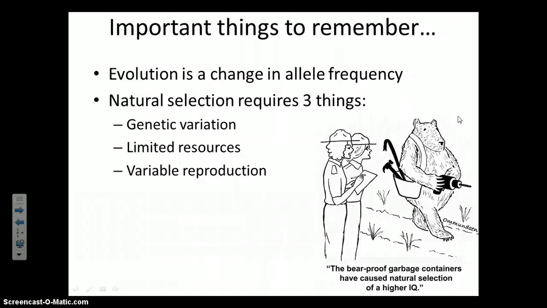There's not enough food to go around, and so there's some phenotype that provides an advantage. In this case, it's intelligence, and so those bears that have the intelligence, that are fit, are going to survive. They're going to reproduce, and they're going to pass their genes for their smartness on.